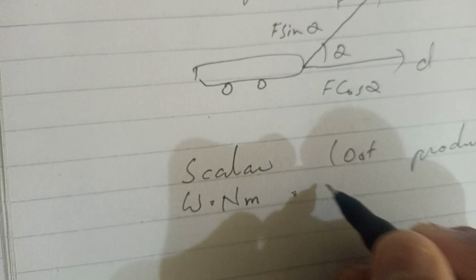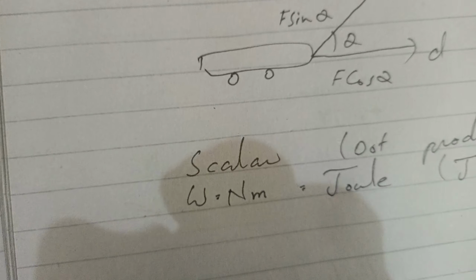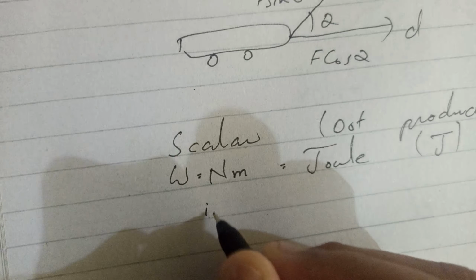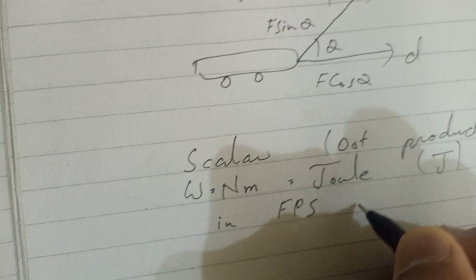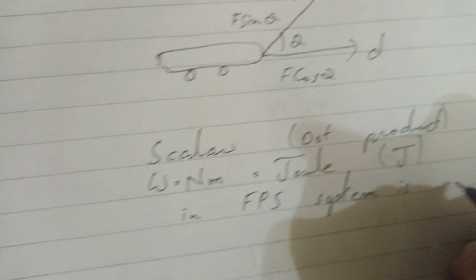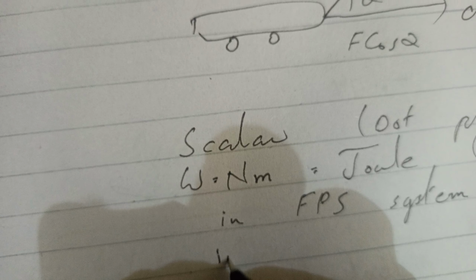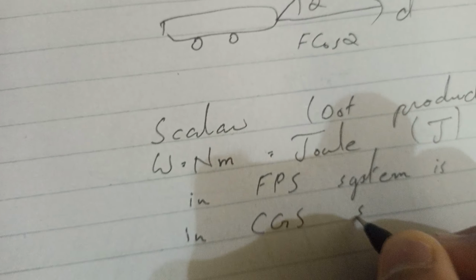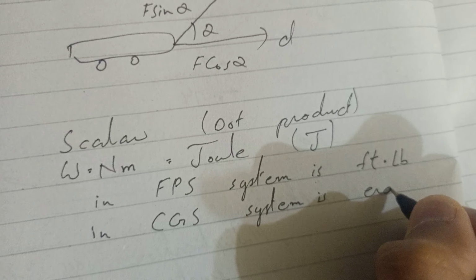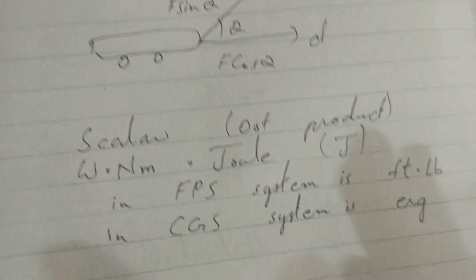Newton meter is equal to joules, written as J. In other systems, in the FPS system we have foot-pounds, and in the CGS system we have erg. So these are the units in other systems.